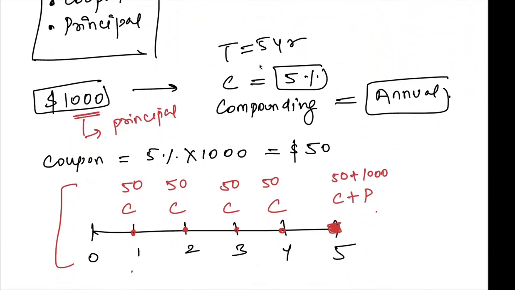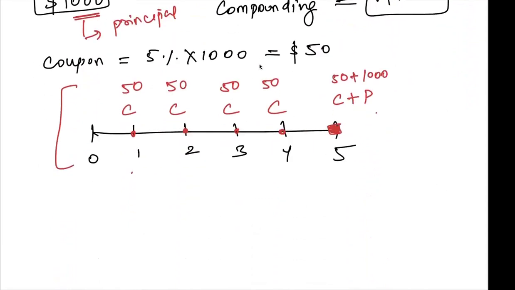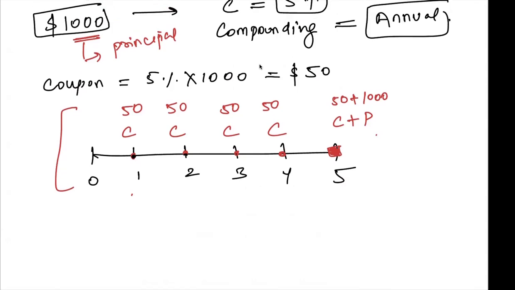You might think, what if the government collapses, or something like that happens? So just to make the public comfortable, they give the money based on the compounding frequency. If it's annual, they'll give the coupon annually, and at maturity they'll give you the coupon plus the principal. Now let's take one more example.